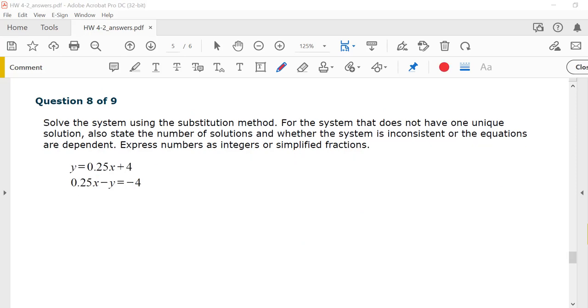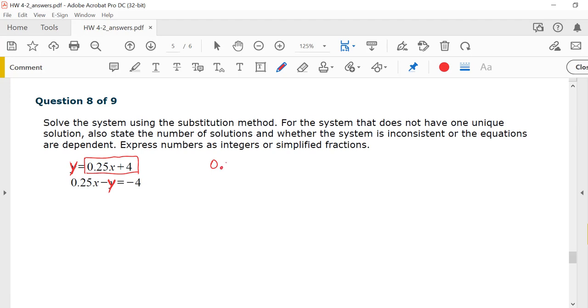Question 8. Just because it has decimals in the system, don't panic. We're going to do the same thing. Y equals, okay, it already has y equals. We're going to plug that in wherever y is in the second equation.